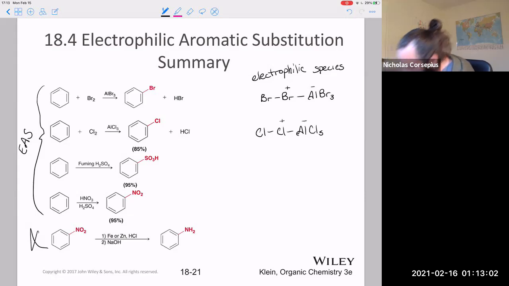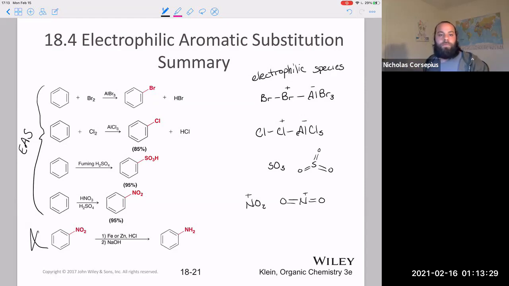Again, remember my charges. Does anybody remember what it was for the sulfonation reactions? That's that sulfur trioxide. Just to draw the structure out. And what about for the nitration reactions? That's that NO2 plus.